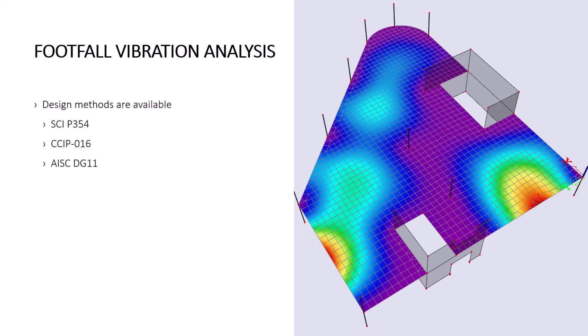They all outline a method for assessing footfall-induced vibration, where the goal is to help engineers assess dynamic structural behavior against measurable comfort criteria, ultimately allowing you to make better design decisions. These three methods can be followed in SCIA Engineer.